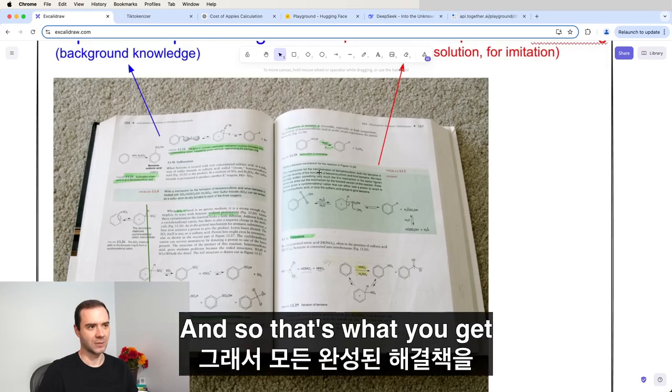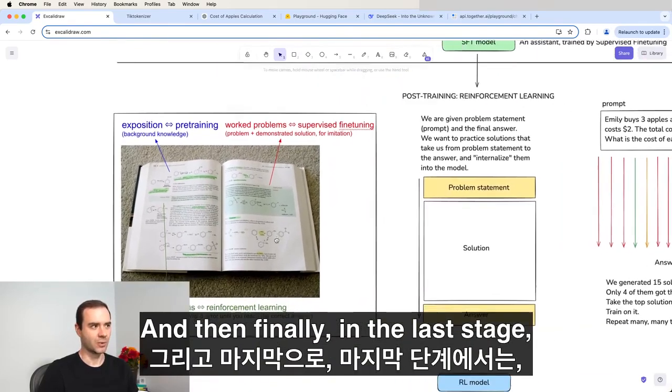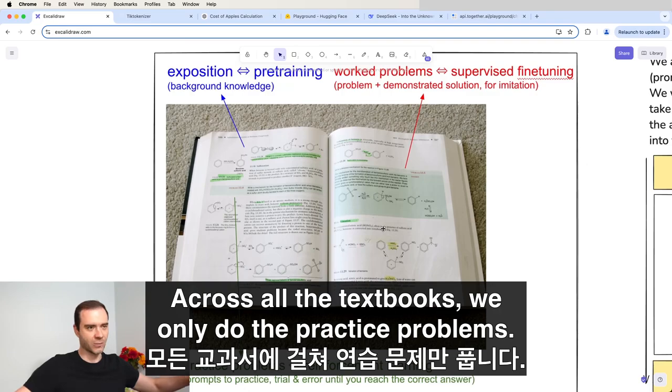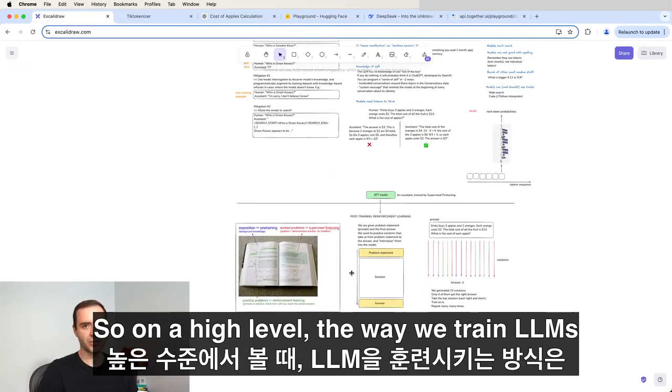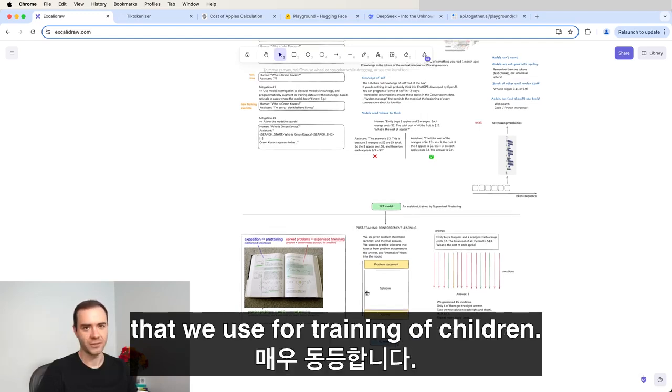That's what you get when you look at all the worked solutions. And then finally, in the last stage, we do all the practice problems in the RL stage. Across all the textbooks, we only do the practice problems. And that's how we get the RL model. So on a high level, the way we train LLMs is very much equivalent to the process that we use for training children.